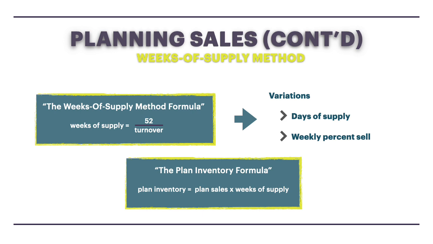Weeks of supply method. The weeks of supply method states that the amount of inventory required to support planned sales for a week is driven by the number of weeks the inventory will last based on the projected turnover. This method is used often to evaluate inventory levels.